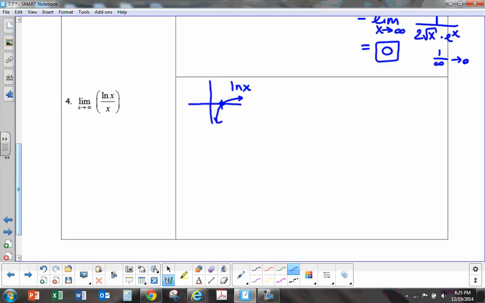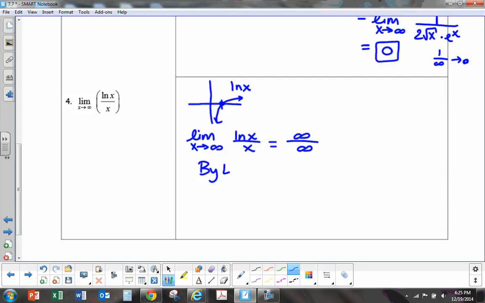So if I just plug in, the limit as x goes to infinity of natural log of x over x, eventually natural log will reach infinity. It just takes forever. It grows very, very slowly. But eventually it'll get there. So that's infinity over infinity.